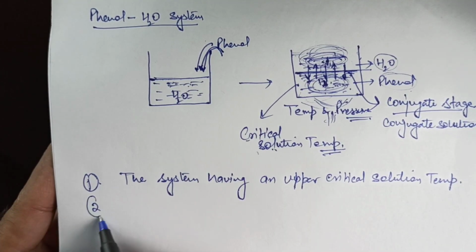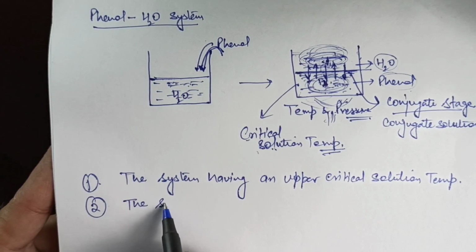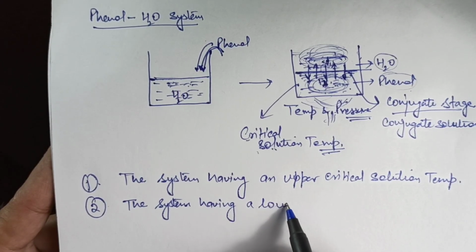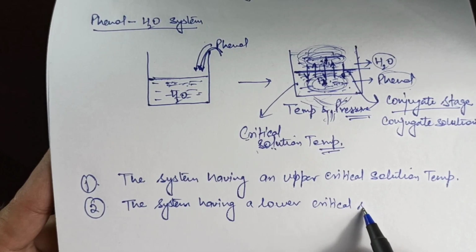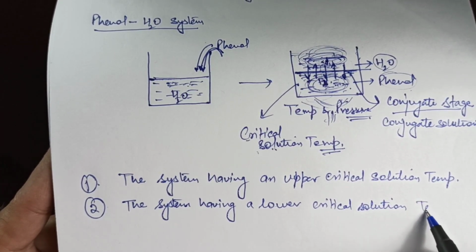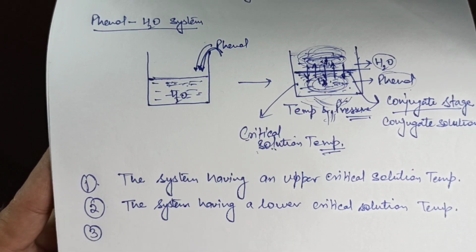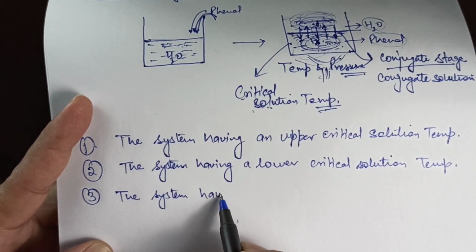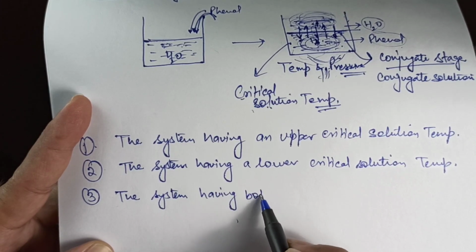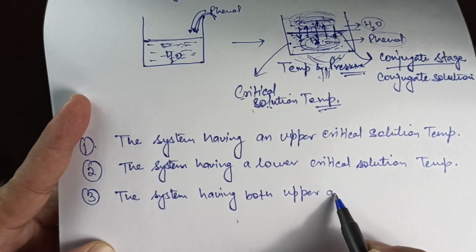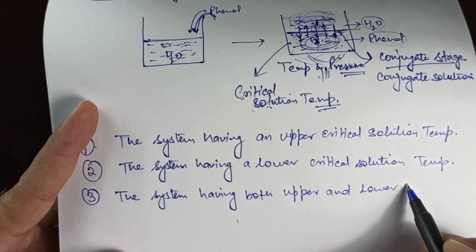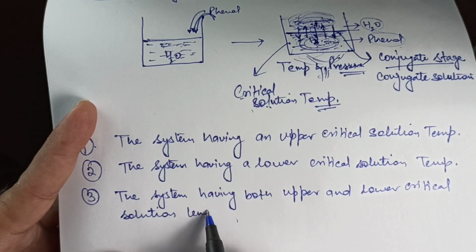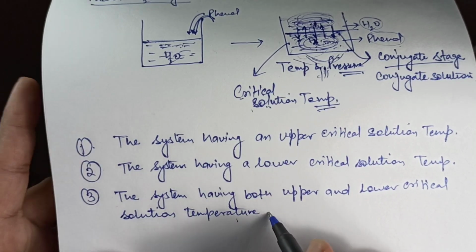Okay, second category is the system having a lower critical solution temperature, and third category is the systems or the system which is having both upper and lower critical solution temperature.